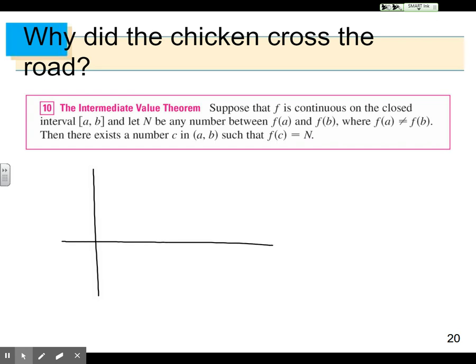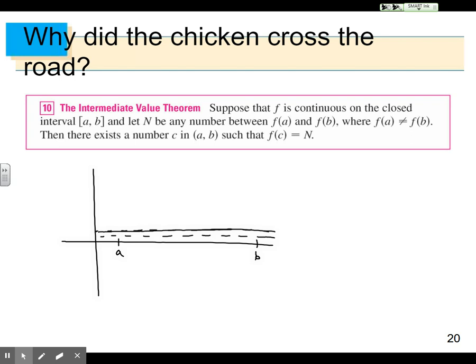Okay. This is going to be my road right here. I'll let that run as a solid line. Suppose that I have a spot right here at a, and another spot down here at b.